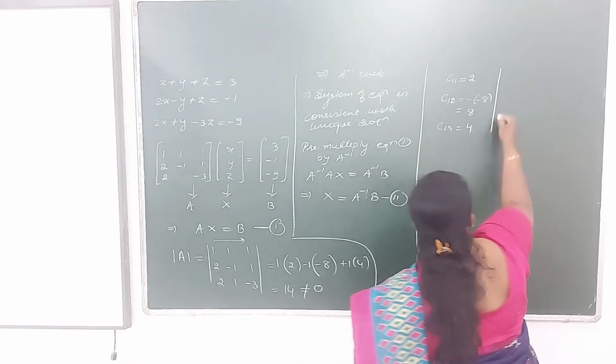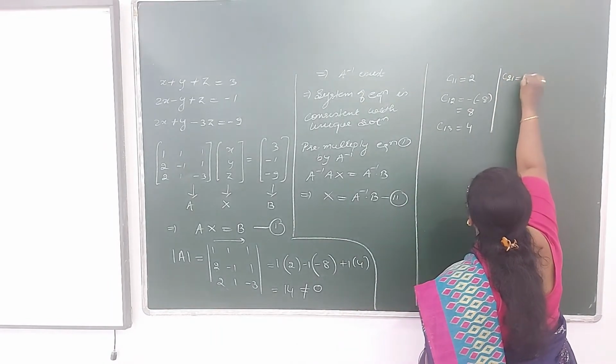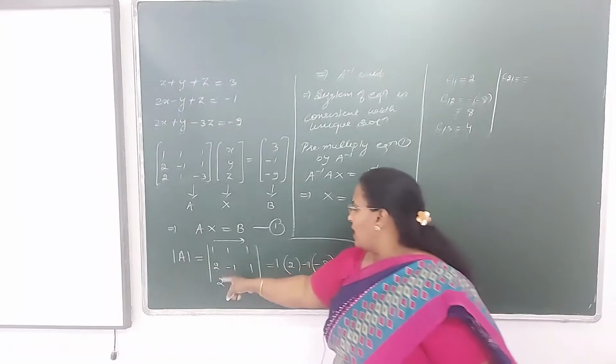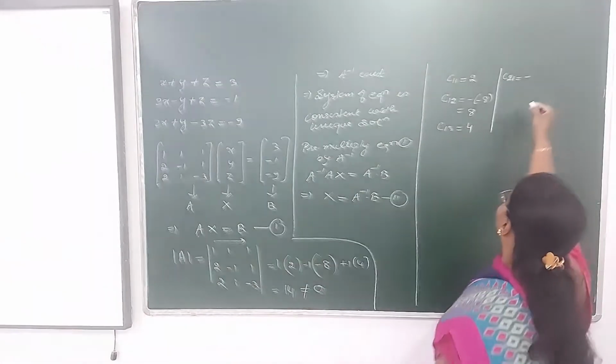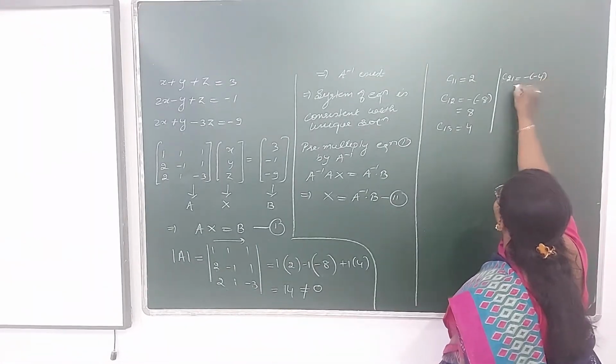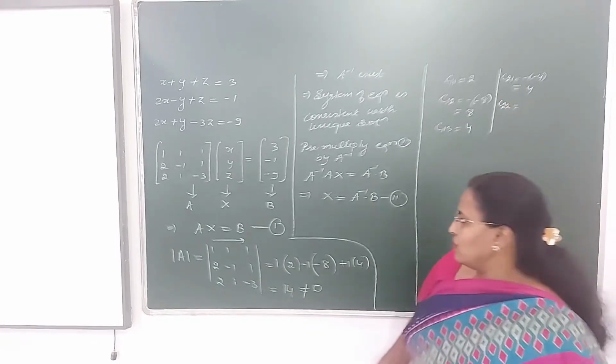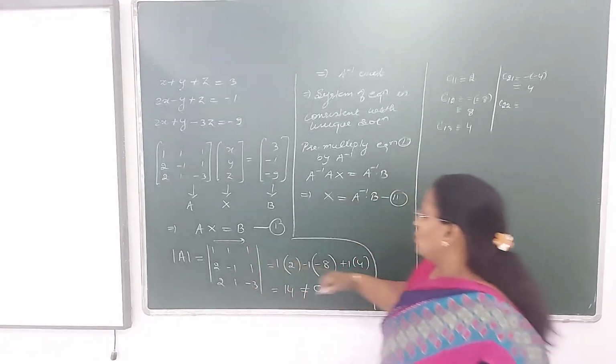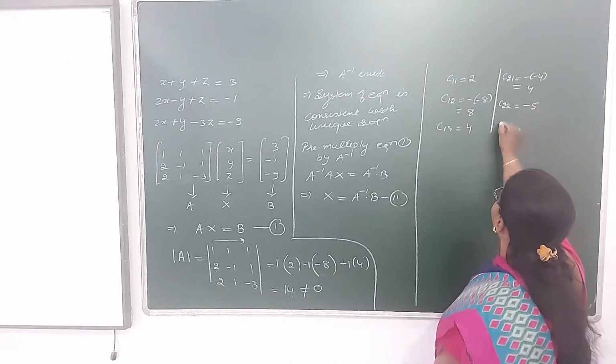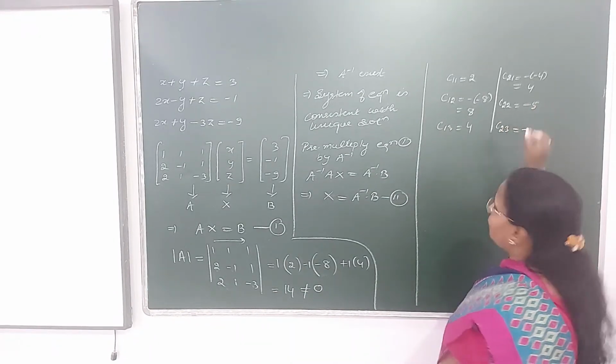Now likewise we will move to the next row. C21, you will be placing a minus sign. So C21 it's minus 3 minus 1, it's minus 4. So the answer is plus 4. C22, second row second column, it's minus 3 minus 2, it's minus 5. C23, minus sign you will place.